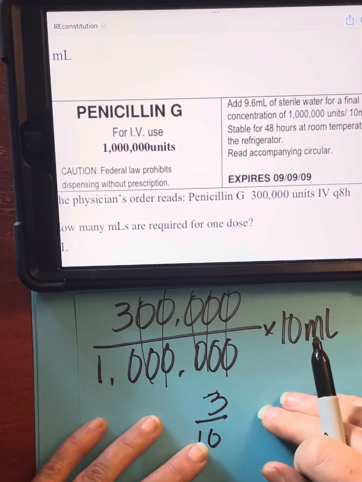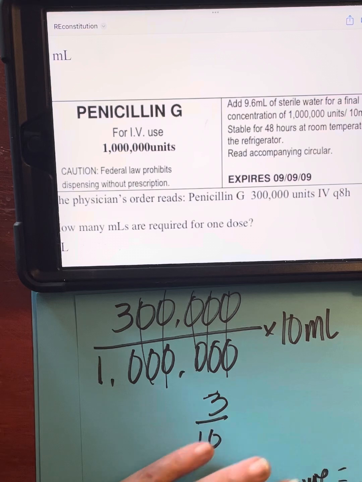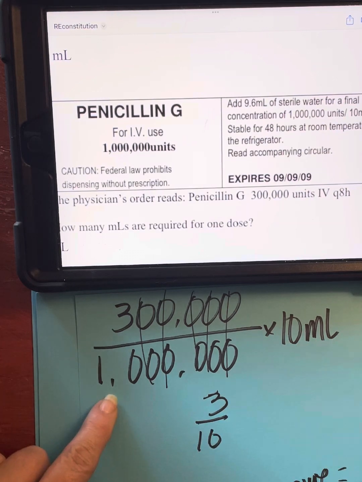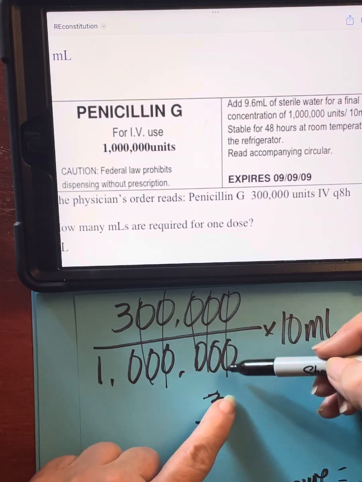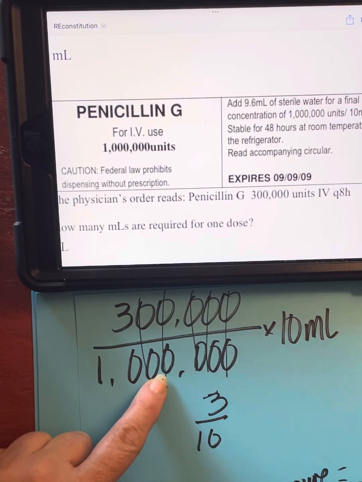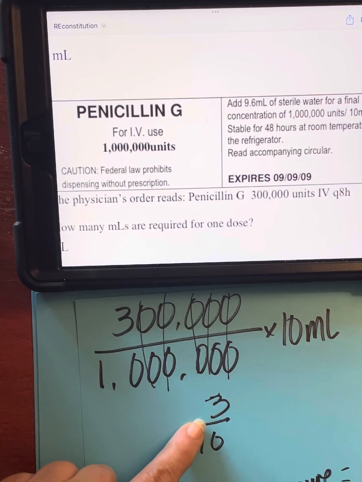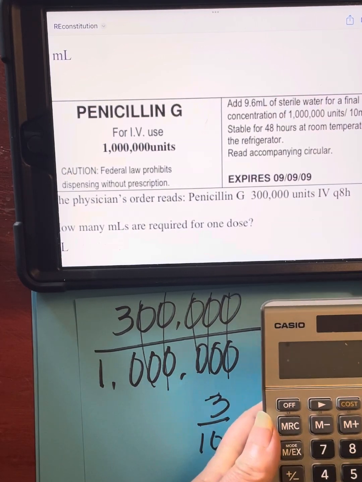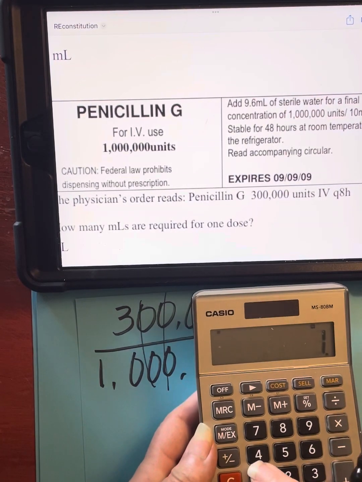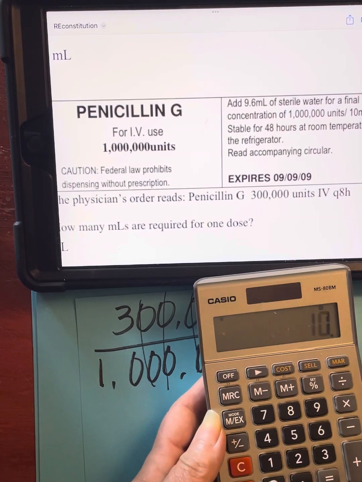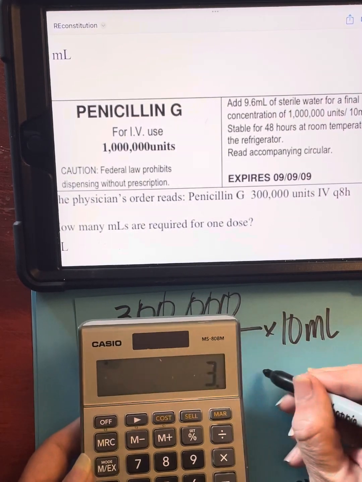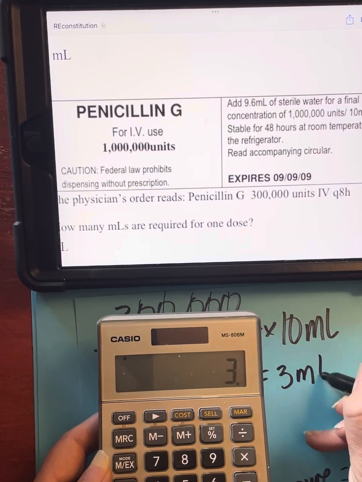But if that just threw you, then erase that from your memory. But you really can do that. You can take off the same number of zeros on each line. And what you're left with, you could do 3 divided by 10 equals times 10 mLs. And that's going to be 3 mLs is what we're going to give.